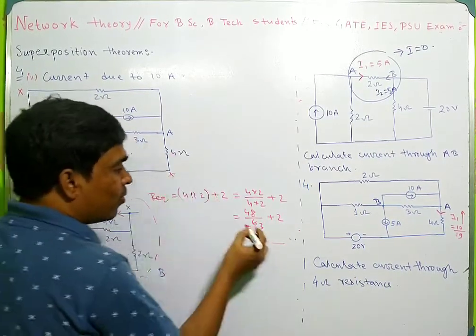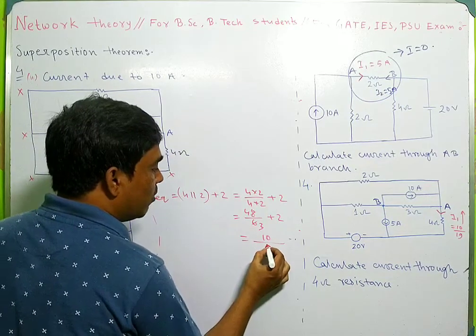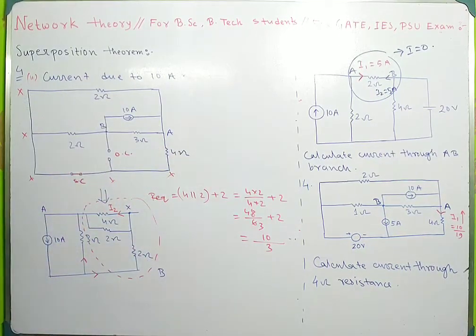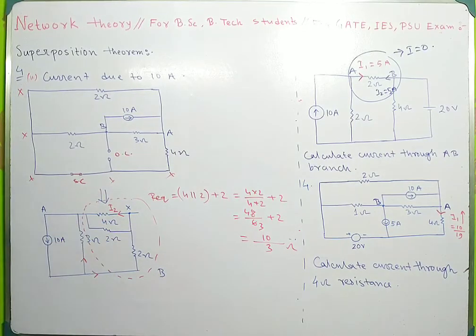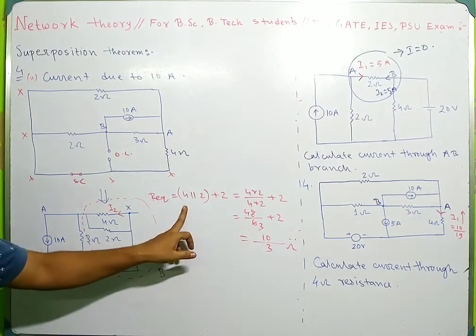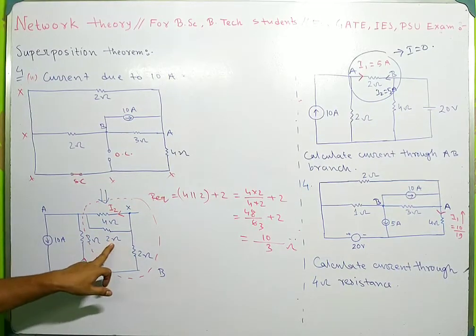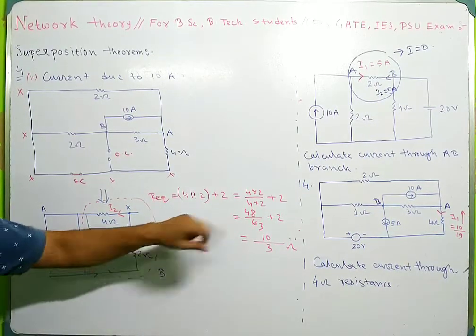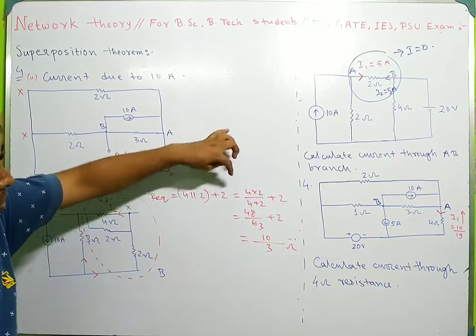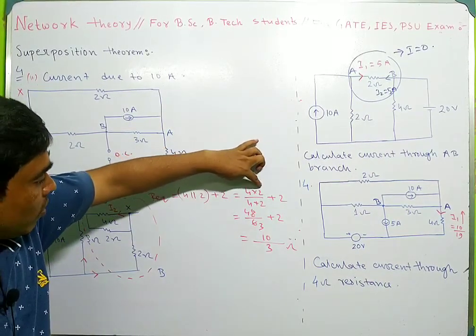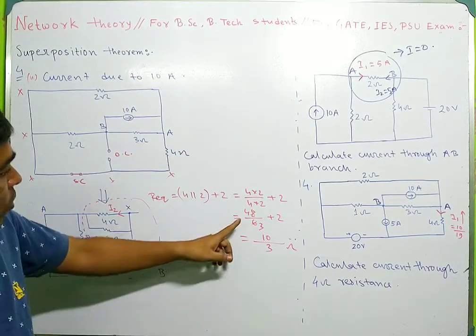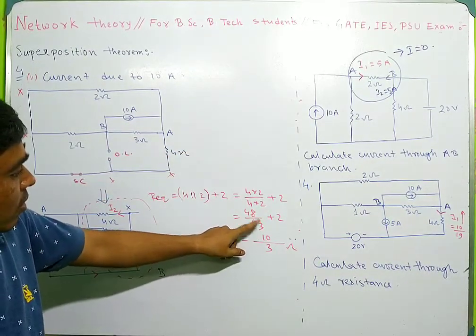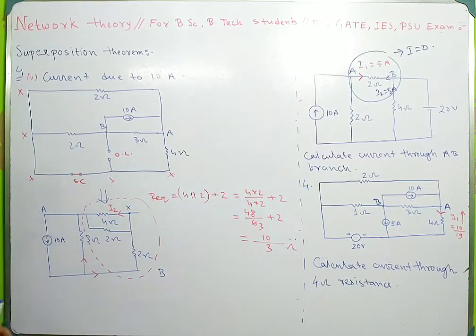So it will be 10 divided by 3 ohm resistance. So the equivalent resistance of this portion is 10 by 3. 4 parallel 2 plus 2: 4 multiplied by 2 is 8, divided by 6, plus 2, so it will be 10 by 3.